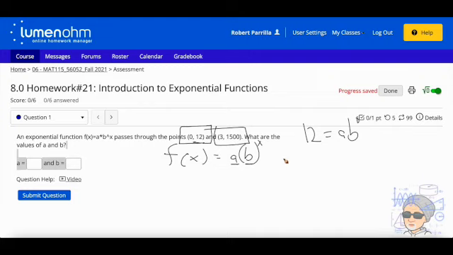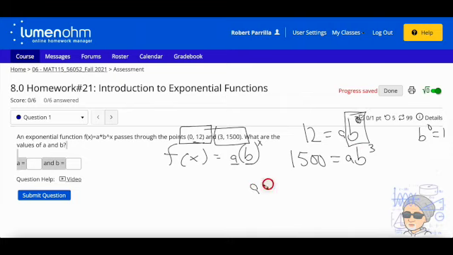The second setup, if x is 3, f of x is 1500. So 1500 will be equal to a times b cubed. The only thing you have to do with these, which are really simple, is understand that b to the 0 is 1. Anytime you see anything to the 0 power, it's 1, which is great, because what that ends up doing is canceling out this value.